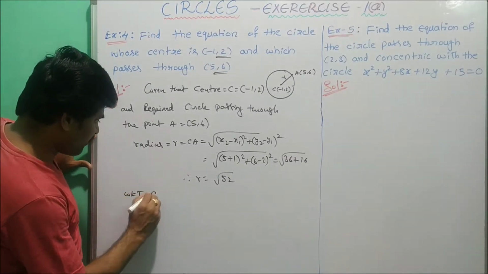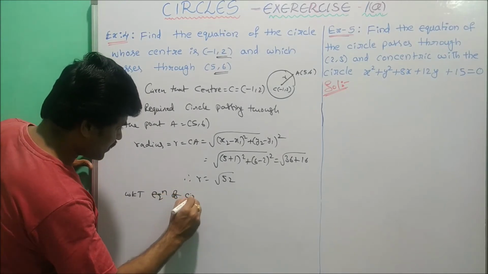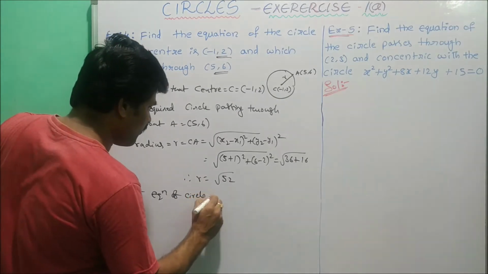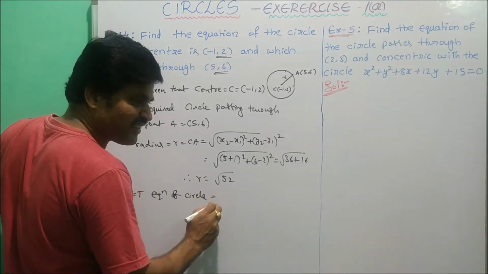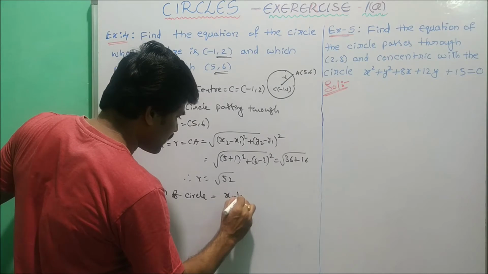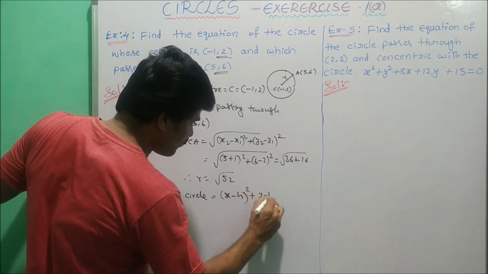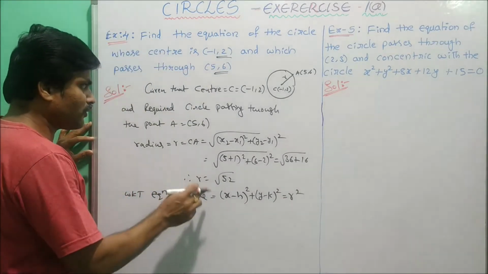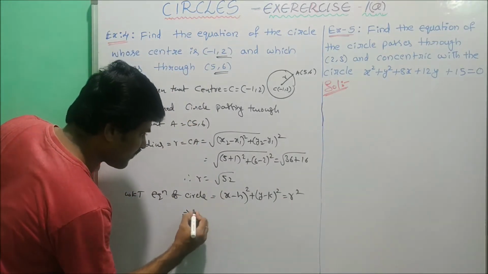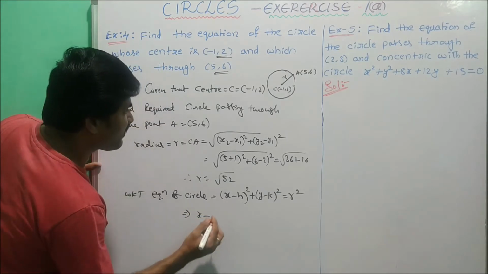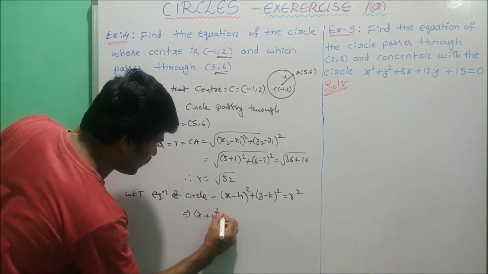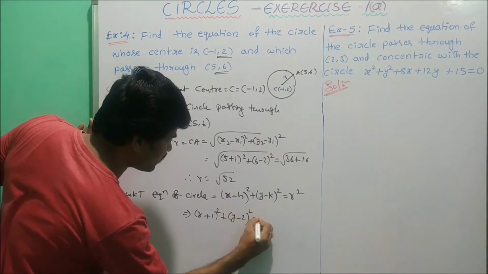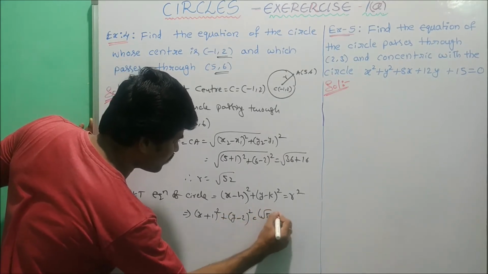We know the equation of the circle, given the center and the radius, using the standard form of the circle, that is (x minus h) whole square plus (y minus k) whole square equals r square. Now substitute the center and radius in this equation. (x minus of -1), that is (x plus 1) whole square, plus (y minus 2) whole square equals square root 52 whole square.